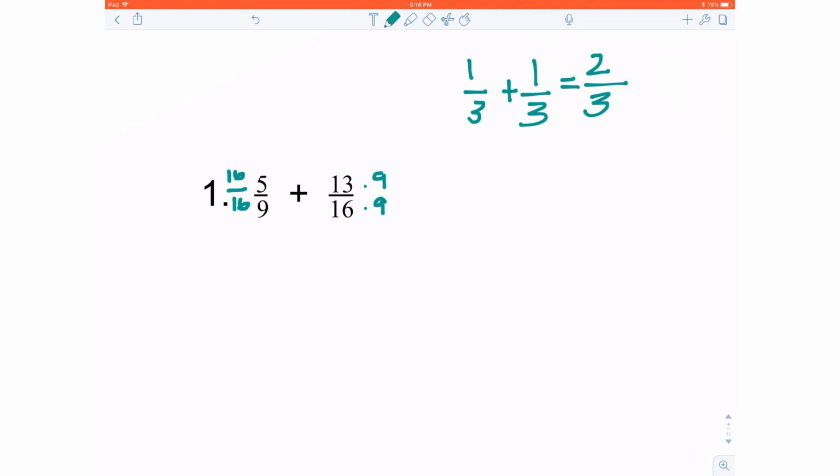So let's do 16 times 9. I'm going to do the math over here so we can take a look at it. 9 times 6 is 54. We're going to carry the 5. 9 times 1 is 9, plus 5 is 144. So that's going to be our denominator over here.